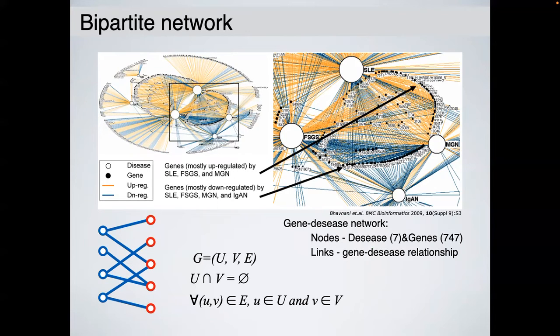Another type of network is bipartite networks, in which you have two types of nodes. It's very often used by many companies right now for recommendation systems, in which you will have some customers, some people, and here you will have some products. These products can be items for Amazon, movies for Netflix, or whatever.